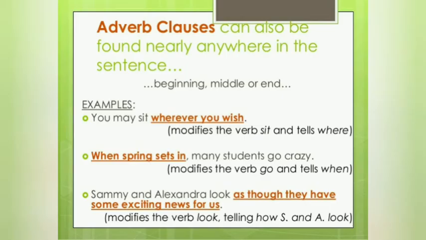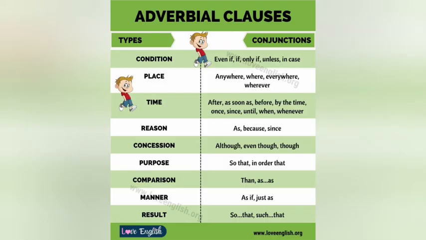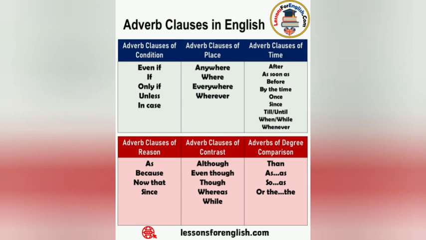Since the decision has already been taken is the adverb clause in this sentence. Second example. Manan kept walking until he reached the main crossing. Until he reached the main crossing is the adverb clause in this sentence.